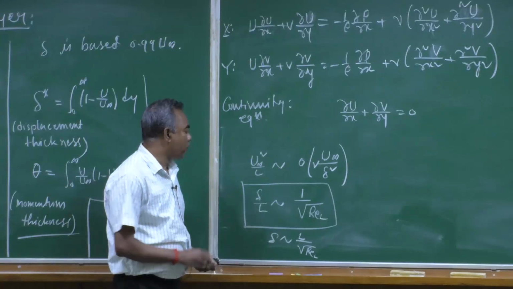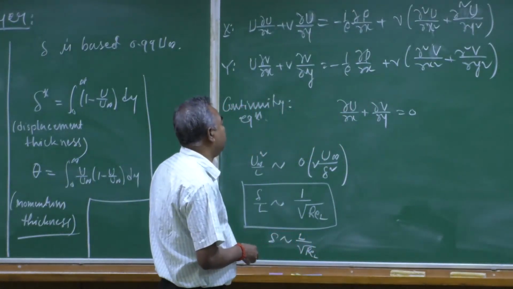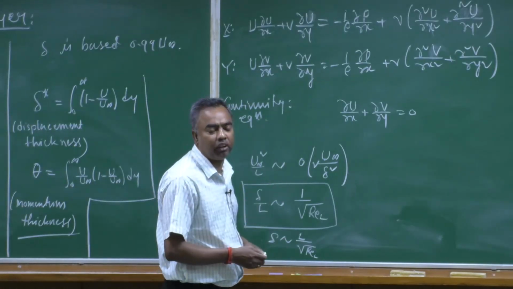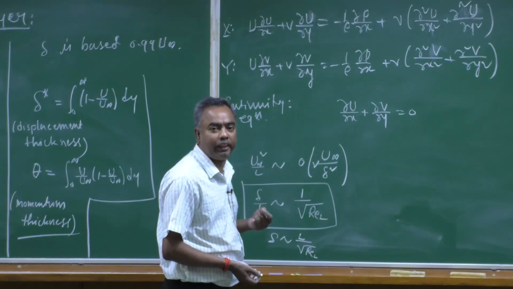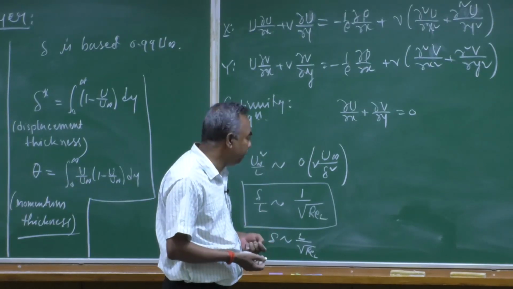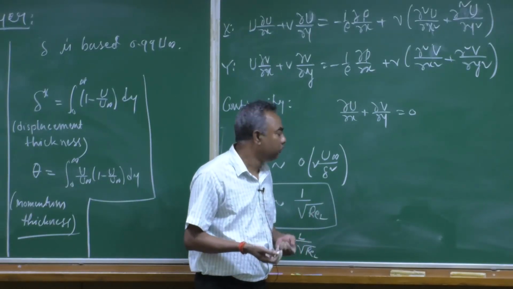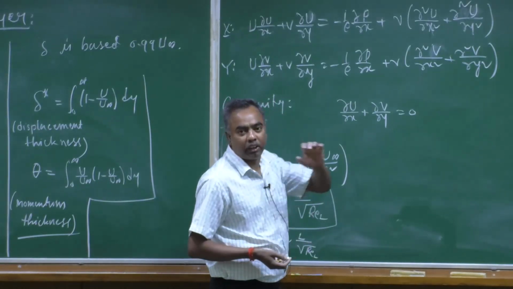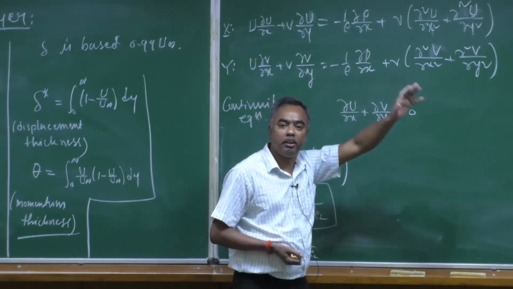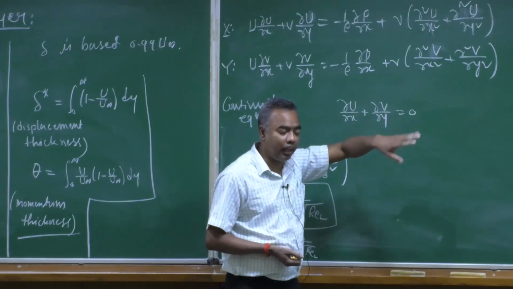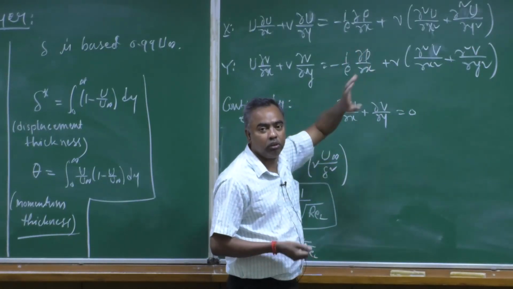Now, one more point to note: if you consider the pressure distribution over any body over which the flow is going on, then that pressure distribution can be approximated using your irrotational flow approximation. Whatever the pressure distribution will be if the flow is irrotational, the same pressure distribution can be considered as the pressure distribution even for this viscous case close to the wall.